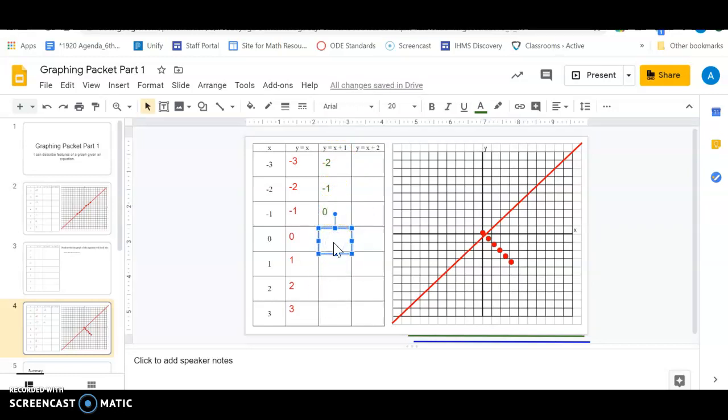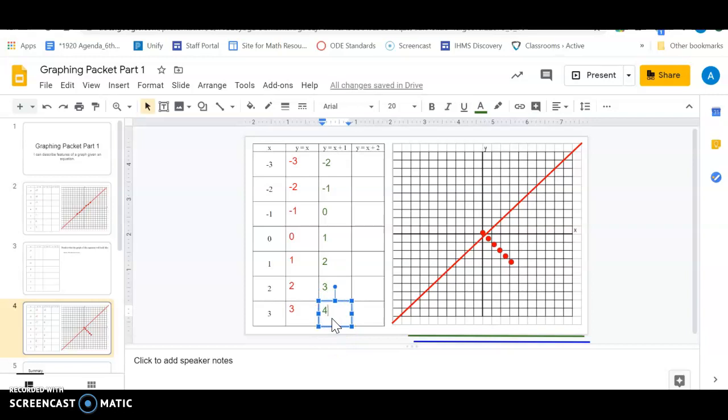What if I plugged in 0 for x? 0 plus 1 is 1. If I plugged in 1, 1 plus 1 is 2. So now I'm finding all of the y values that I would get for plugging x into my equation at the top of this column. 2 plus 1 is 3, and 3 plus 1 is 4.